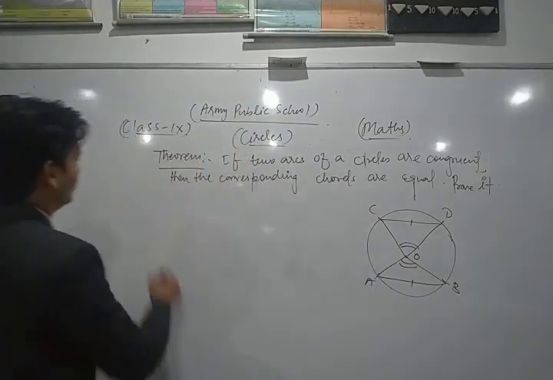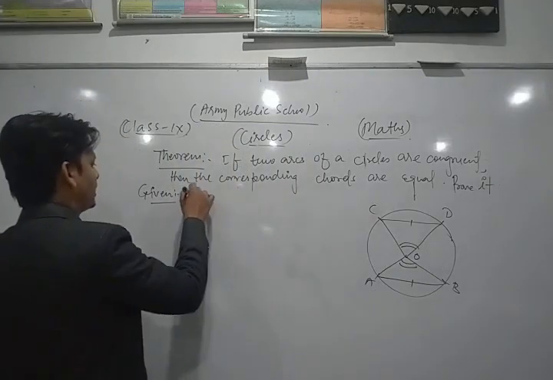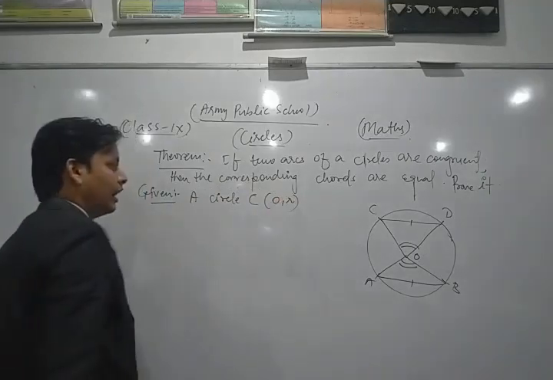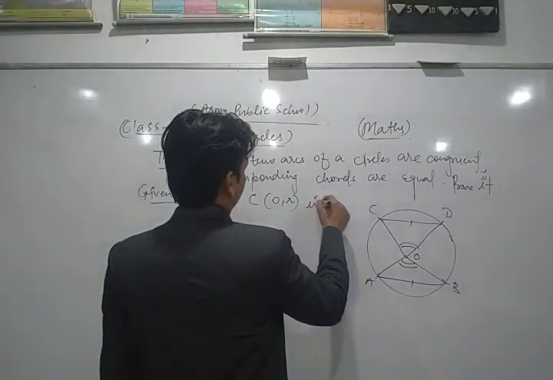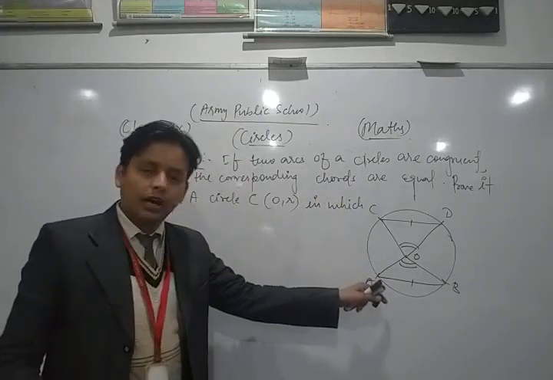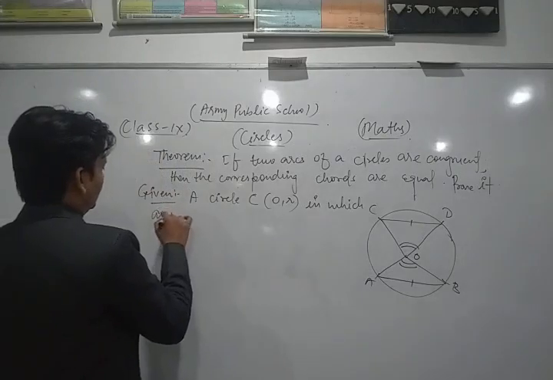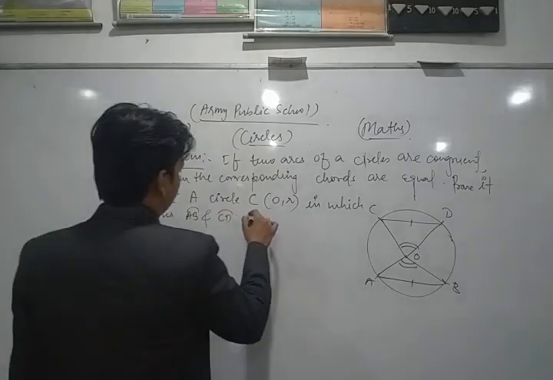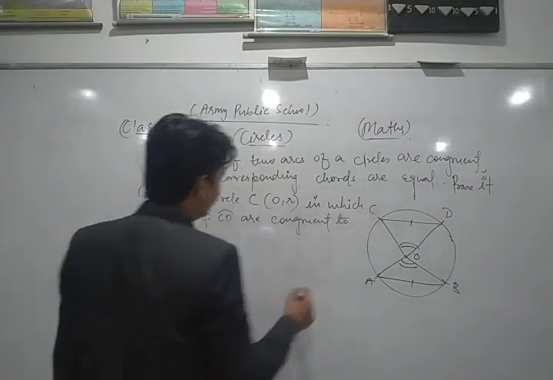Now, first of all, we write the given: a circle C with center O and radius R, in which two arcs AB and CD are congruent to each other.